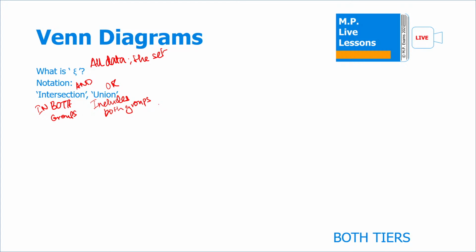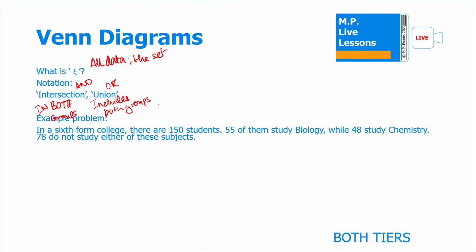For example, in a sixth form college, there are 150 students, 55 study biology, 48 study chemistry, and 78 do not study either of these subjects. Now you've got to take into account that both of these basically include the intersection.